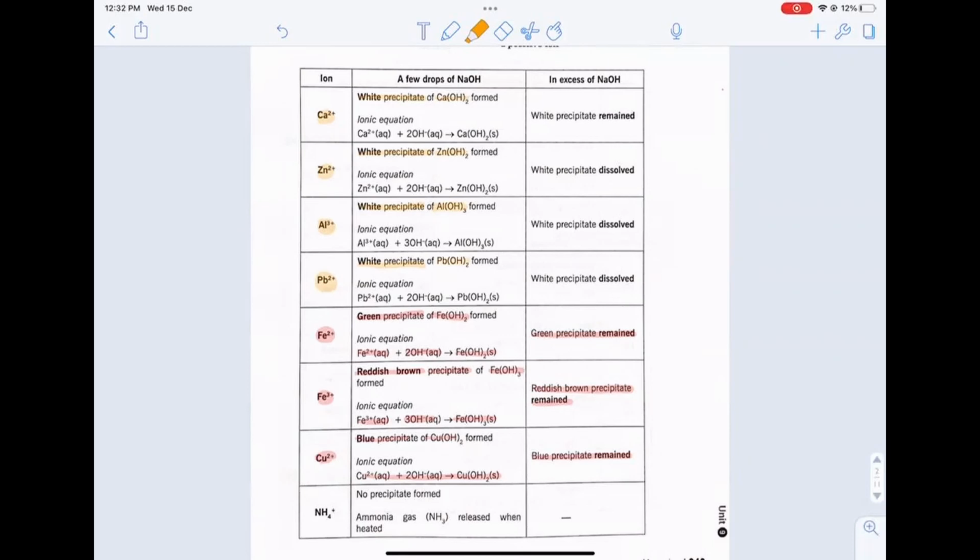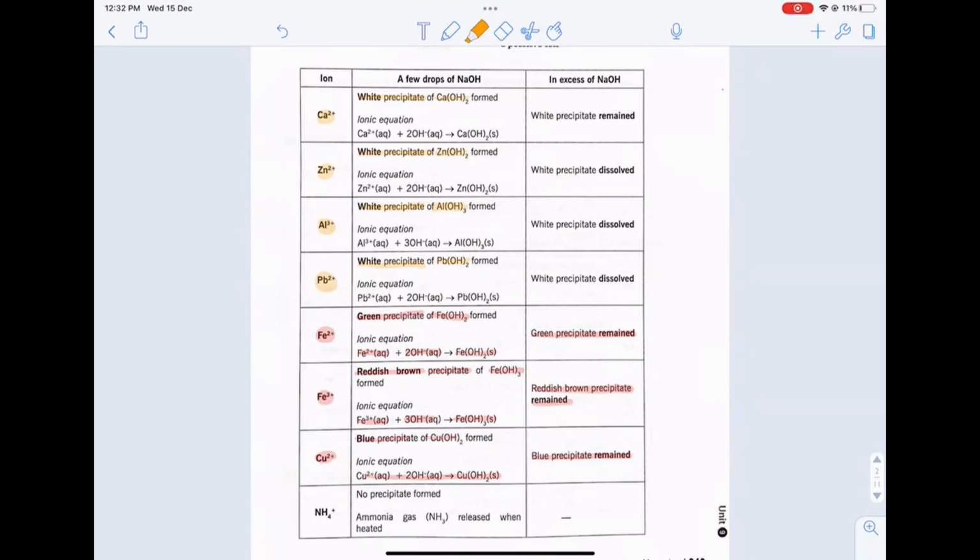Over here, it is the same logic because you have those cations present, in addition to the hydroxide ions from the sodium hydroxide solution, it will form a hydroxide. Those white precipitates are the different hydroxides that are formed. Then next, when you have excess NaOH, what will happen?